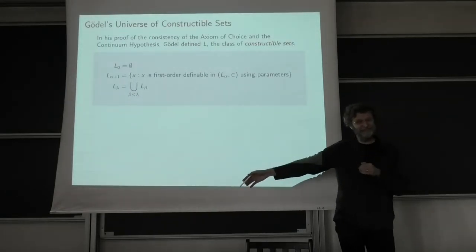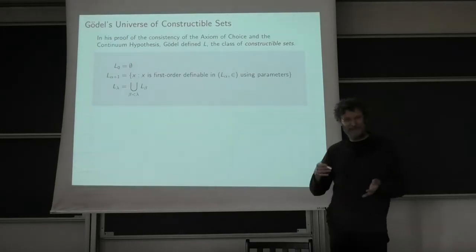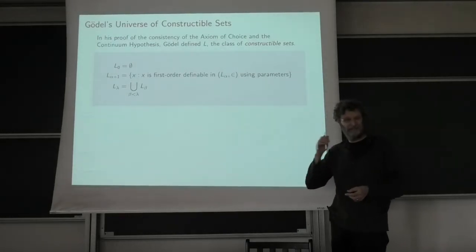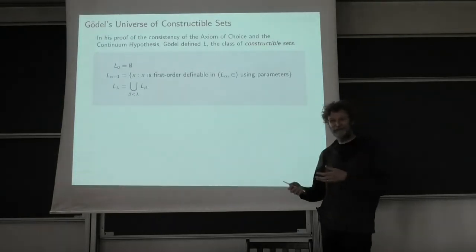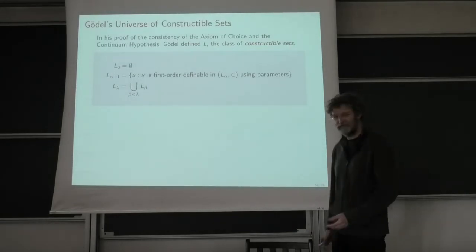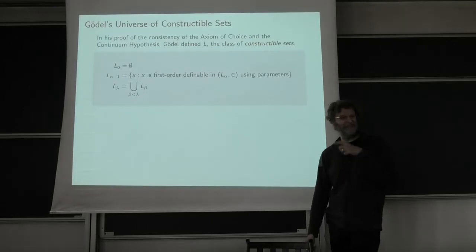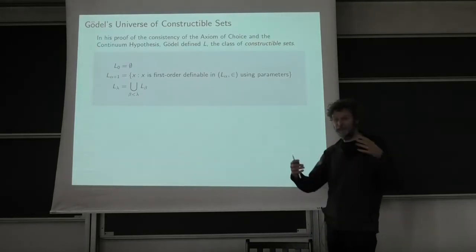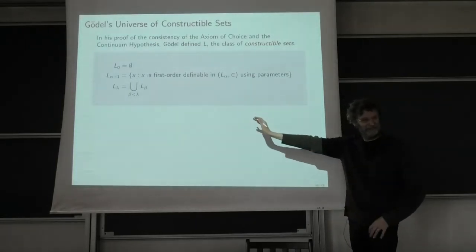That's also consistent. So it's somewhat fluid. And the answers to these kinds of questions depend on what your concept of set is. What do you think is happening with sets? So this is the phenomenon of independence in set theory. I'll say a bit more about this in a second.